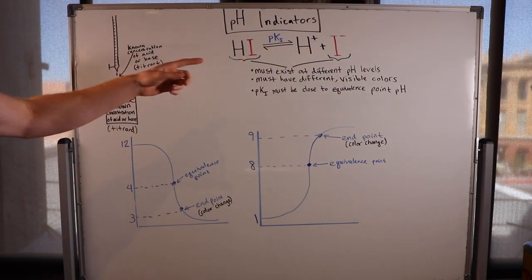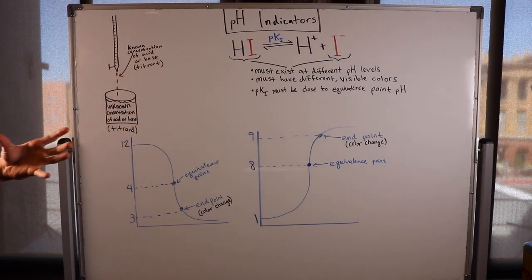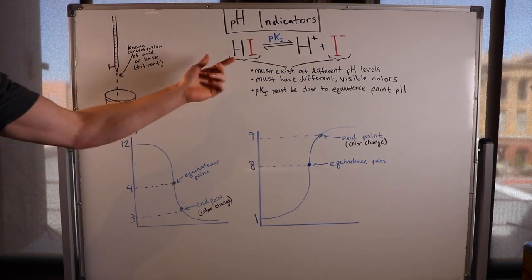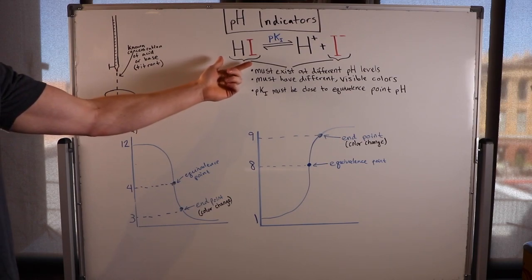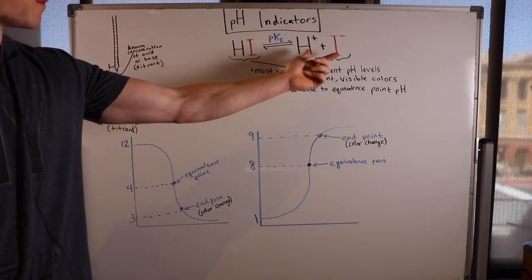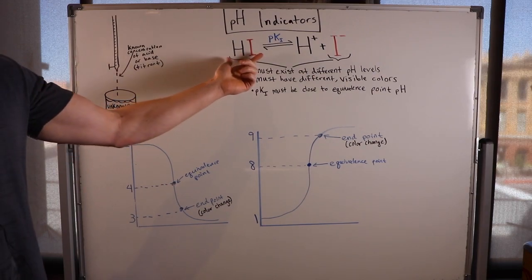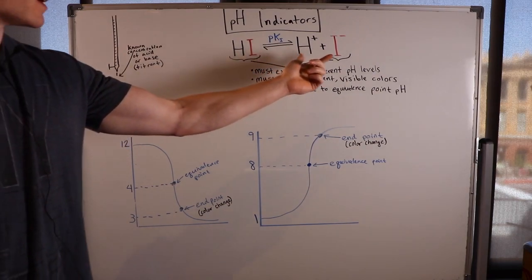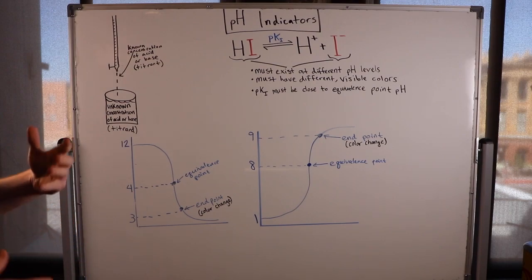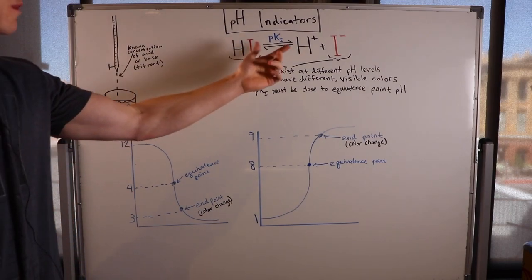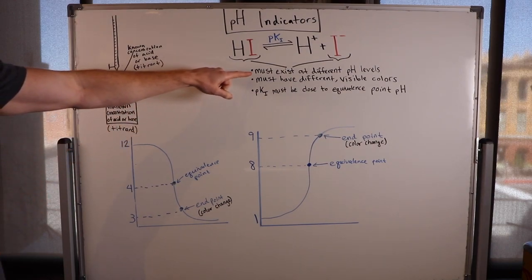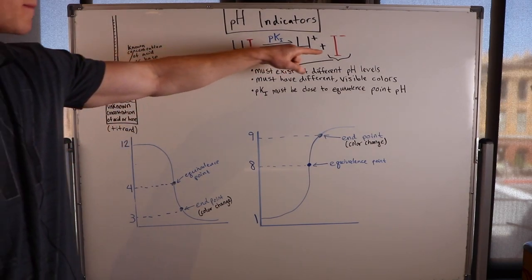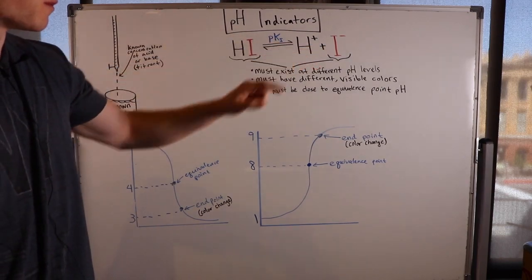So right here I've got a general indicator that I abbreviated with I, and the requirement for a pH indicator is that it must exist in 2 different forms. One at a low pH, for example, and one at a high pH. And different indicators change forms at different pH levels. But the requirement stands that they must exist at different pH levels in different forms.